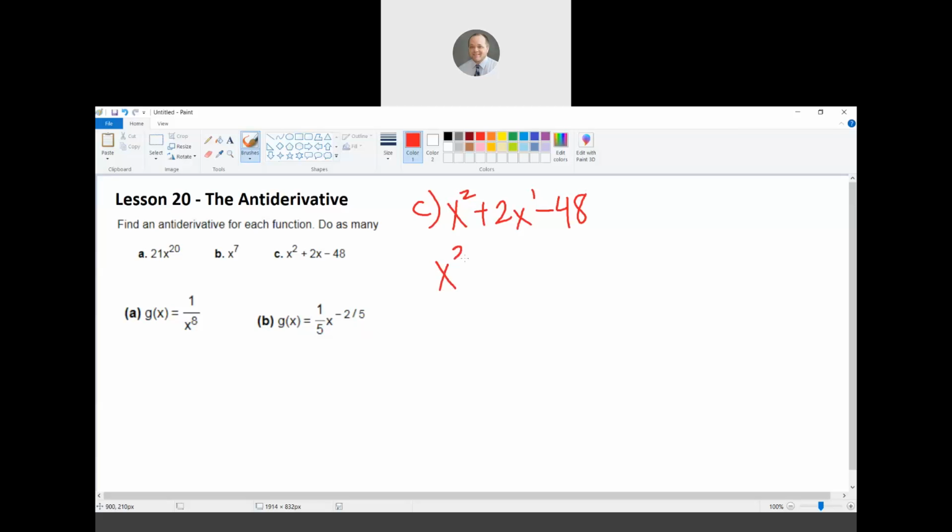So for our first term, that would be x squared plus 1. And for our second term, that would be x to the 1 plus 1 power.